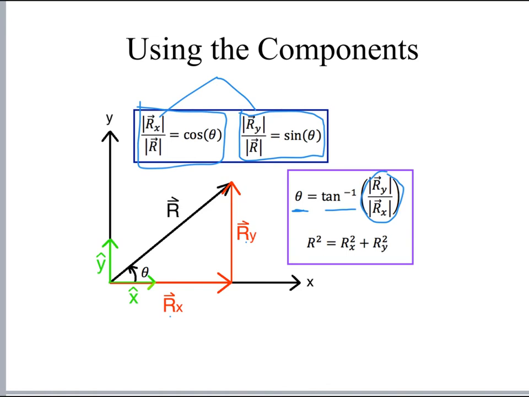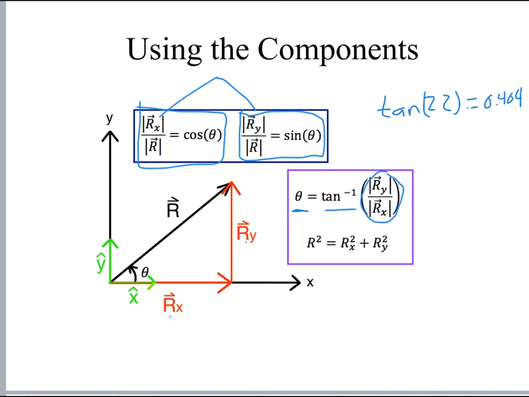In other words, if I tell you that the tangent of 22 degrees is equal to 0.404, you know that's the ratio of the opposite side to the adjacent side of a 22-degree angle in a right triangle.